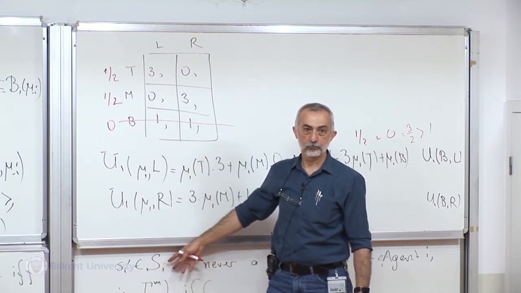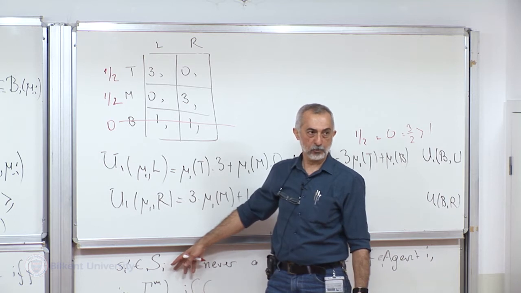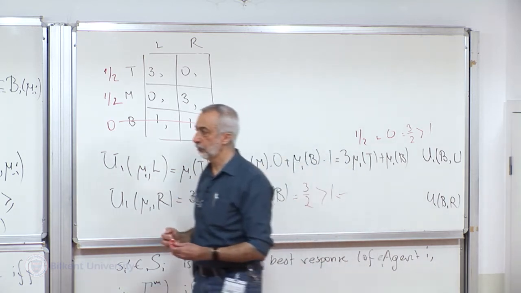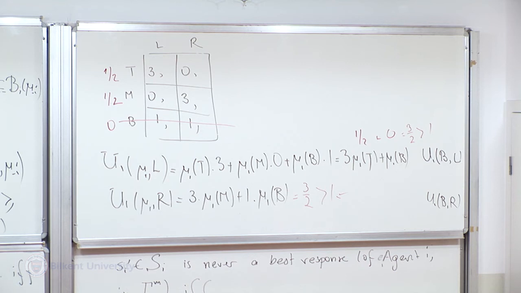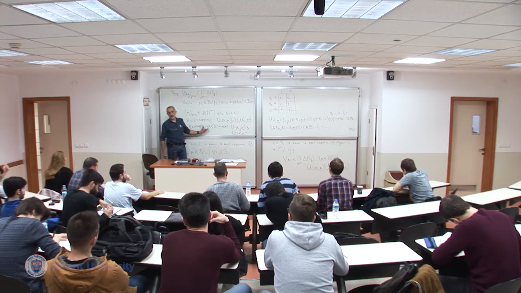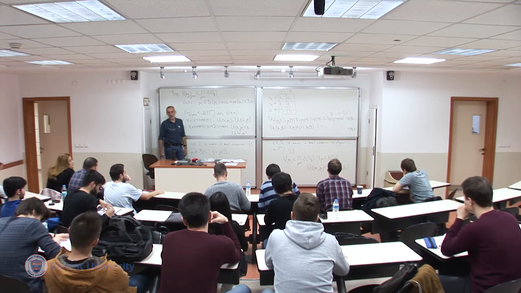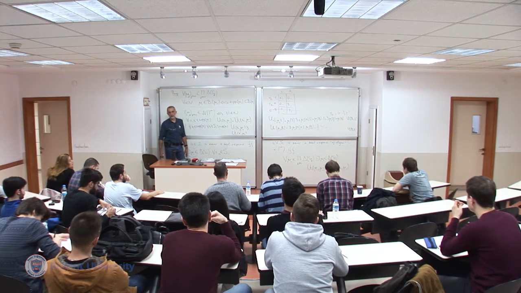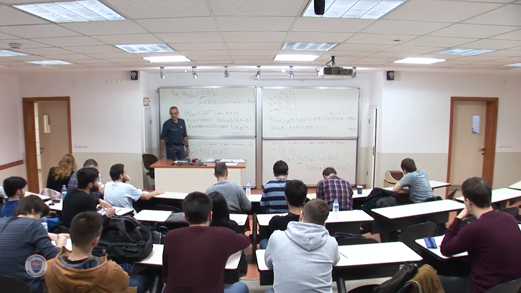So far, so good? That's a way to simplify the task of finding mixed Nash equilibria of mixed extension games, or as it's said in the literature, mixed strategy Nash solutions or equilibria. Okay? So far, so good?